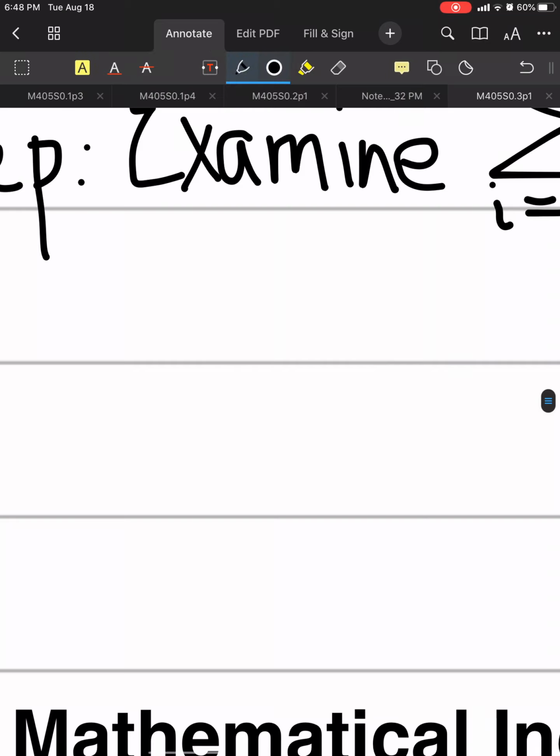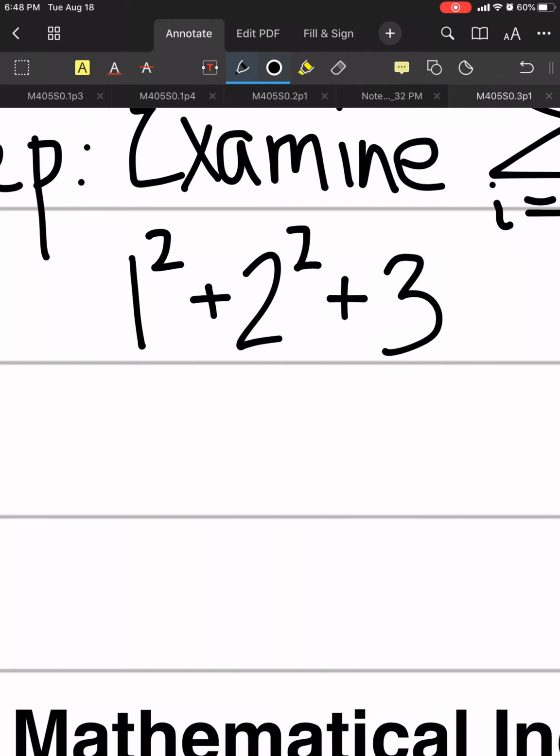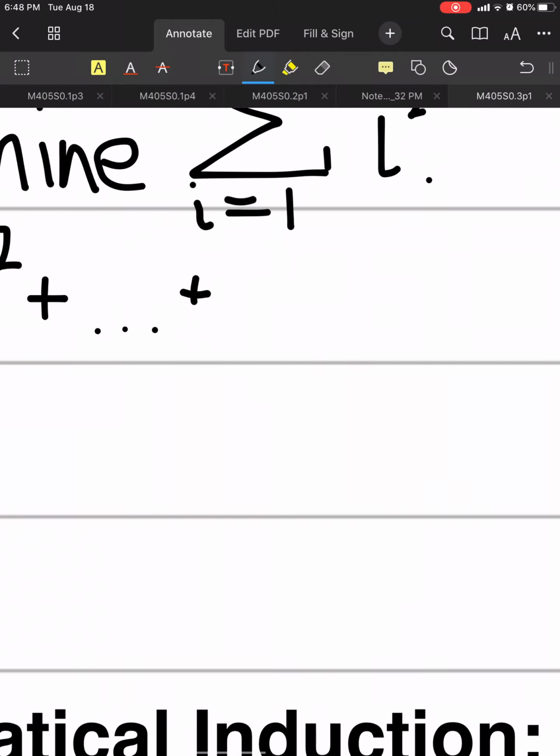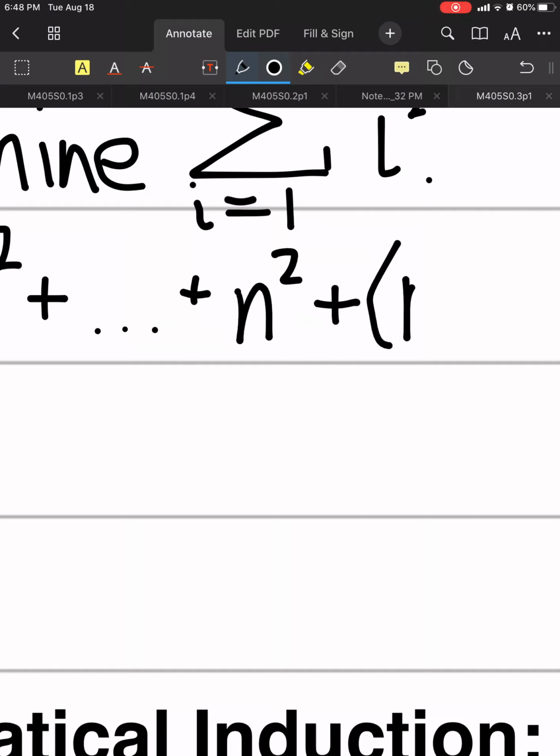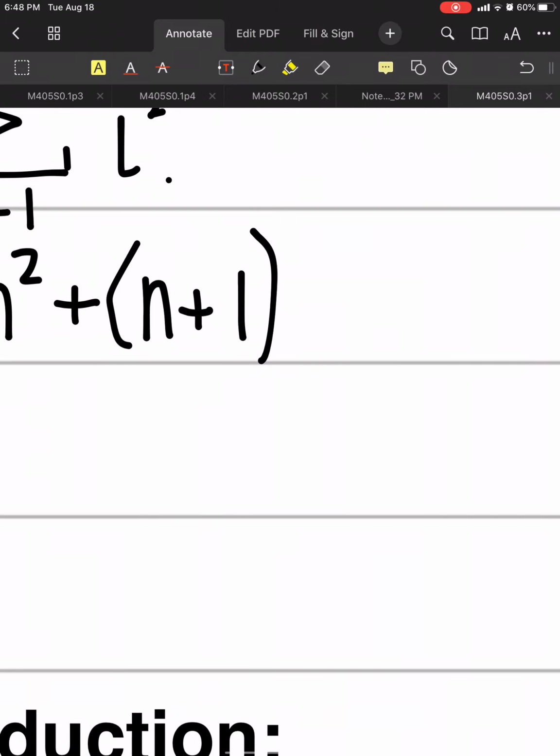So then what we see is 1 squared plus 2 squared plus all the way up to n squared plus n plus 1 squared. We want to figure out what this is.